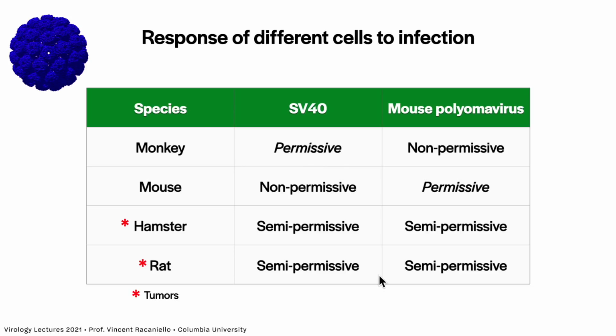Semi-permissive means you get gene expression, but no DNA replication. And so hamster and rat cells are semi-permissive for SV40 and mouse polyoma. And in those combinations, you get tumors. If it's non-permissive, you're not getting tumors. If it's permissive, you're not getting tumors because the cells are dying. Only if you have semi-permissive.